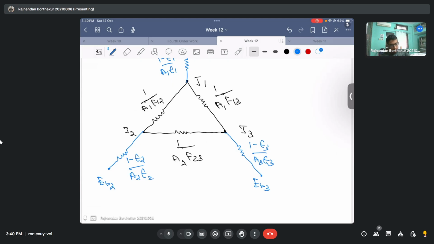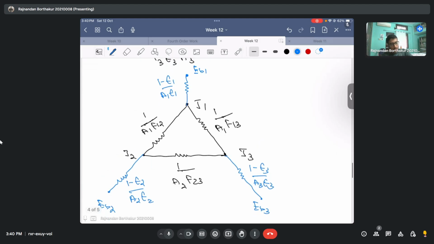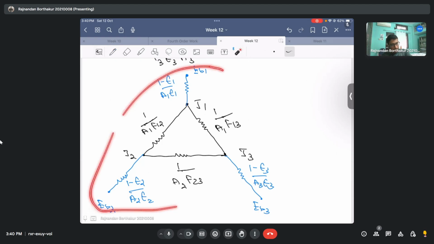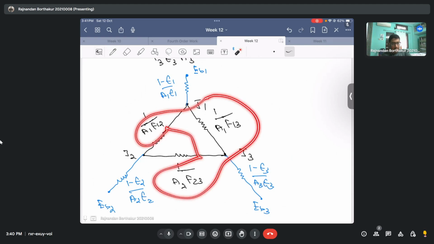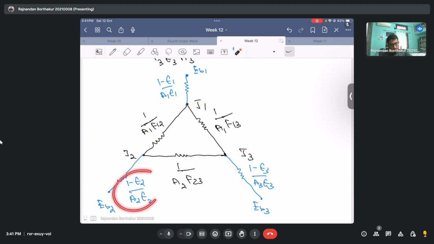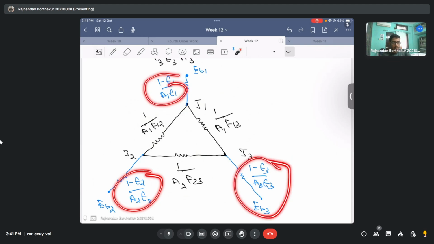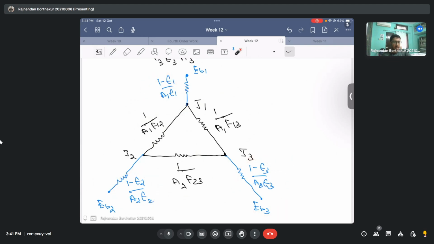So that's it, guys. This completes the radiation network for a three-zone enclosure, where these are the space resistances and these are your respective surface resistances, considering that your surfaces are non-black surfaces having emissivities epsilon 1, epsilon 2, and epsilon 3 less than 1.